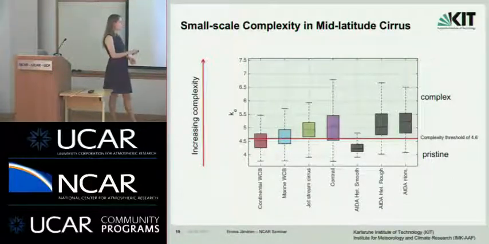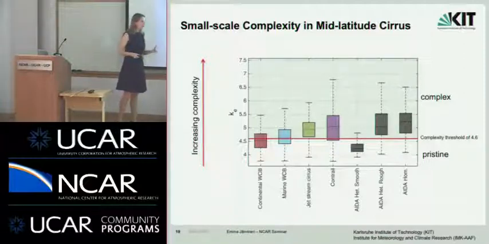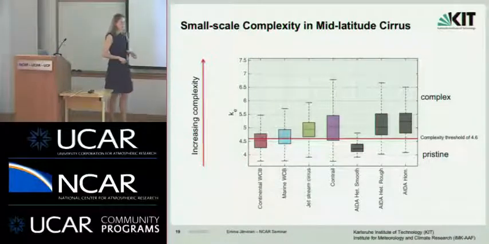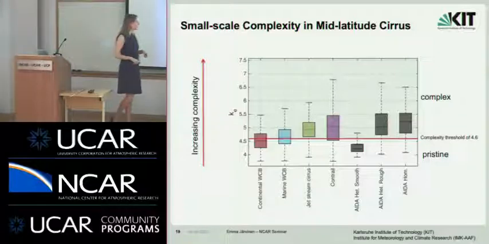Whereas in jet stream cirrus, where there are no updrafts or convection, we have the highest complexity within the ice particles. And then there are contrails that are pretty much all over the place, so they are pretty difficult to quantify.